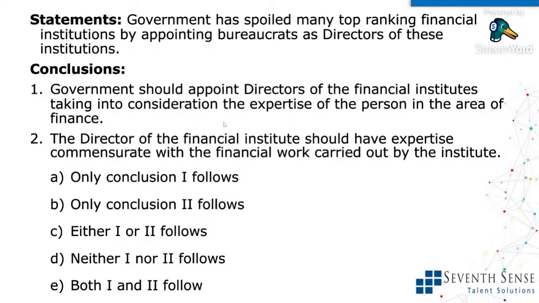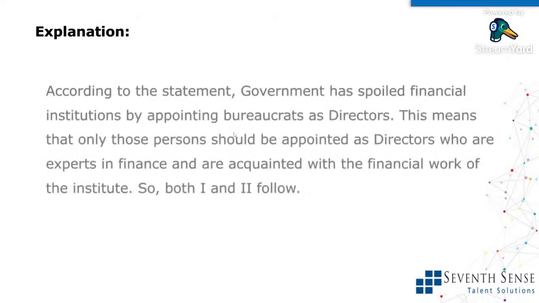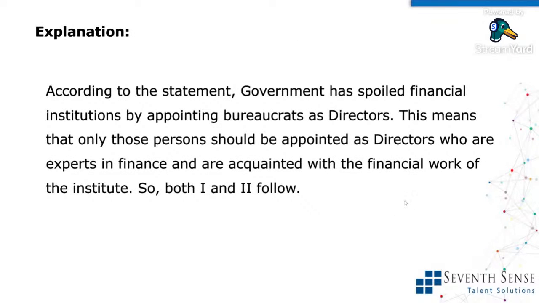You can see that directors are mentioned everywhere, and we are talking about appointing directors accordingly. So the correct answer would be option E. In both places we are talking about how they should be appointed, on what consideration, on their expertise, and for what work in which institute. So both of them follow. So you can tell that both follow.